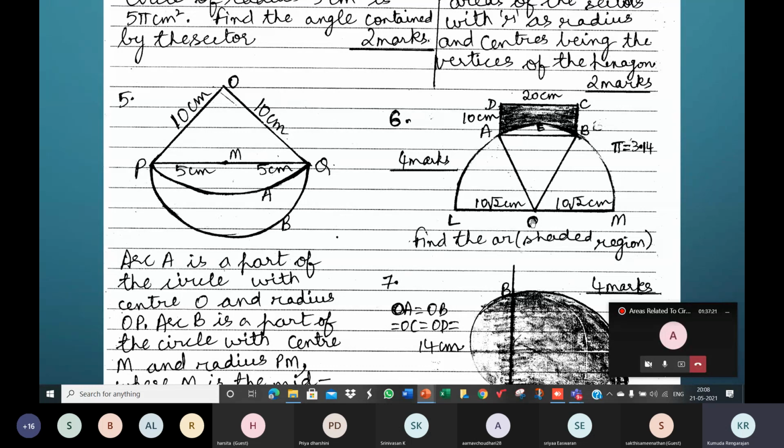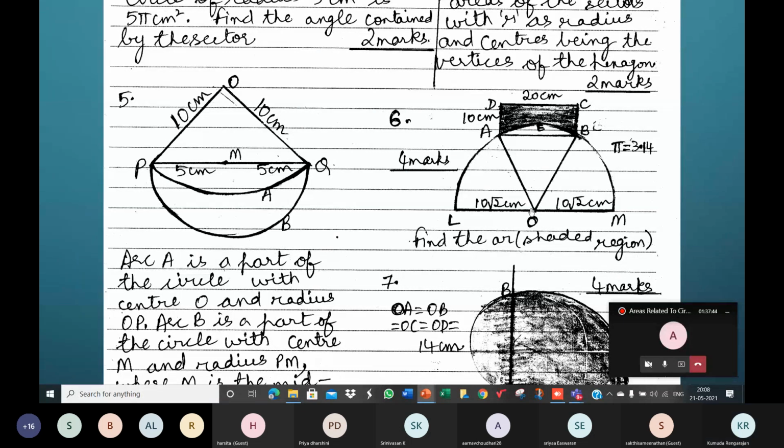So we need to first find the area of the sector, and from the sector you should take away the area of the triangle to get the area of the segment. And then, as Arnav said, area of the rectangle minus area of the segment will give us the area of the shaded region. Step 1, find the area of OAEB, which is a sector.